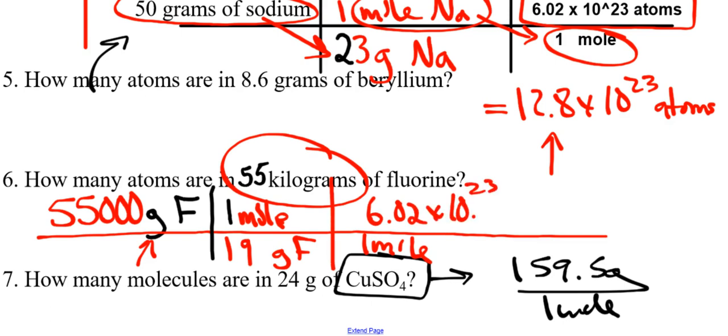And this would be atoms, because it asks for atoms right there. And then you do that math. It's 55,000 times 6.02 divided by 19. And I'm not even going to try and guess what that number is. It is some sort of number times 10 to the 23rd.